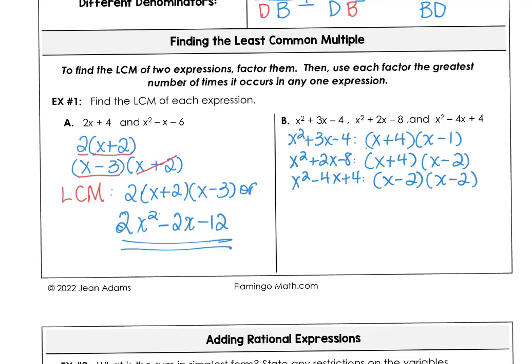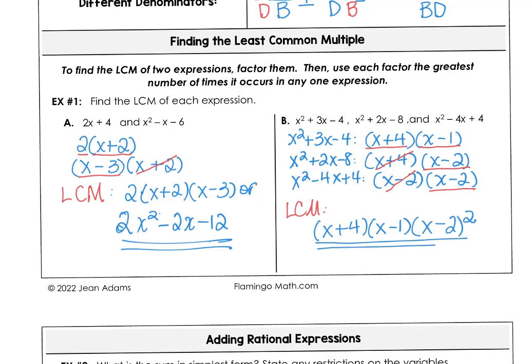And we want one of this and one of these, and we already have that one. And we want that one, and we already have one, and we need that one. So the least common multiple for these three trinomials would be the product of x plus 4 times x minus 1 times x minus 2 quantity squared.